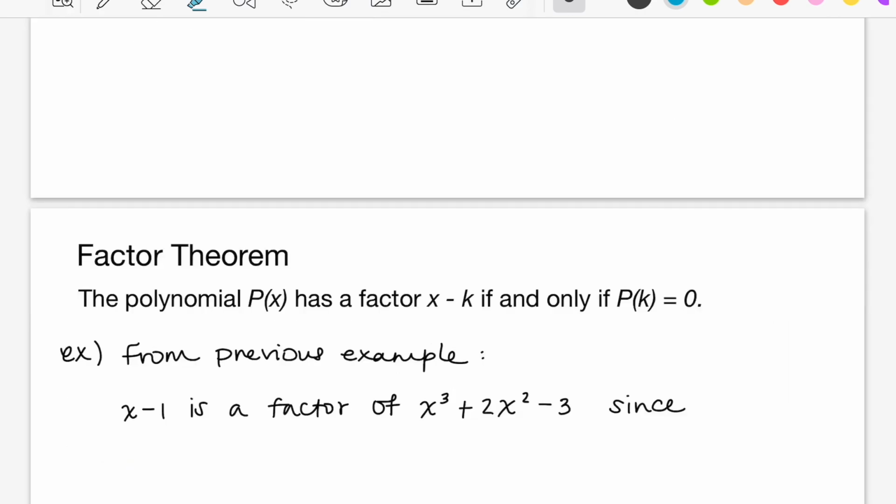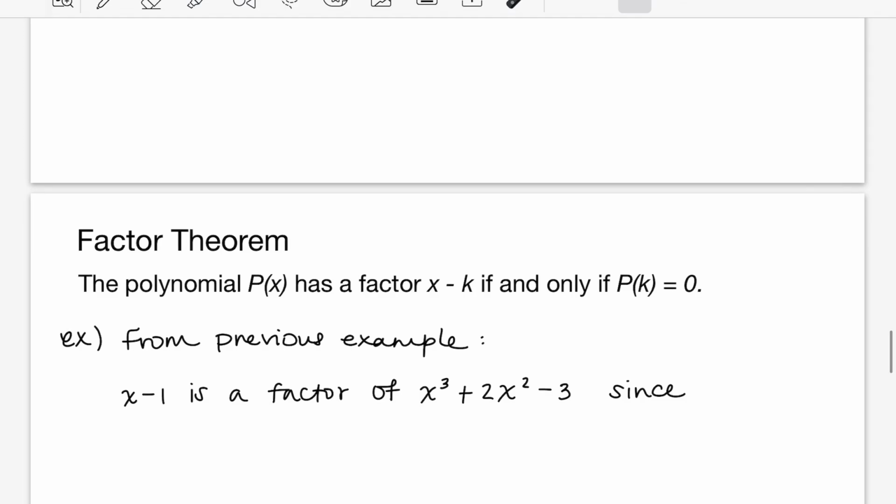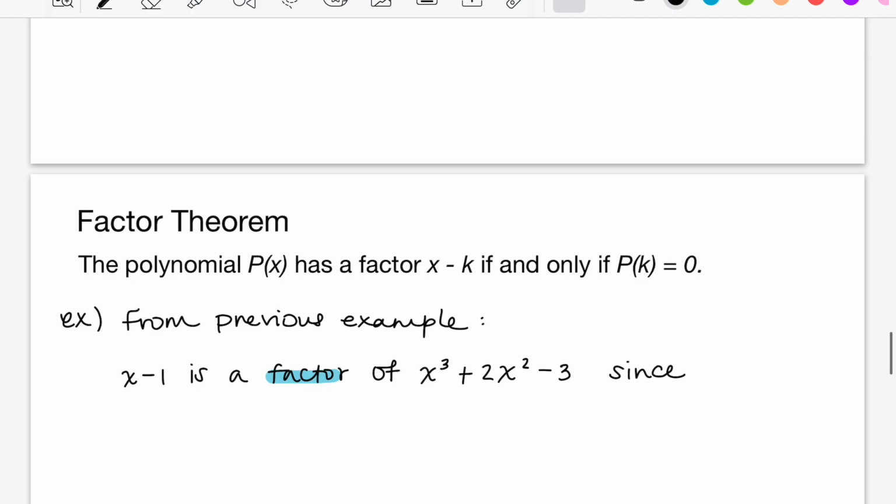So the next thing we'll look at is called the factor theorem here. So the polynomial p of x here has a factor x minus k here if and only if p of k is equal to 0. From the previous example that we just did, we saw that x minus 1 is a factor of this polynomial here, since when we did synthetic division, we divide this polynomial by this factor here, we saw that this was our answer.